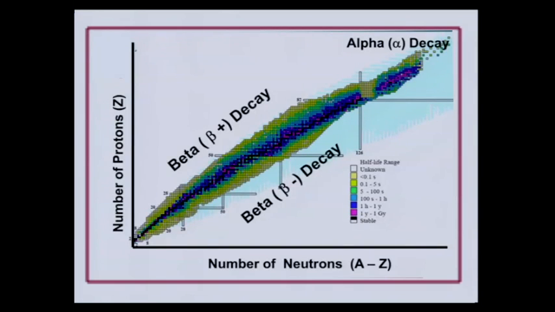Now, as far as the chart of the nuclides, we'll go back to this. We want to talk about how to use the chart a little bit. I'll click through the slides, but I also want to show you in the handbook, or in the chart of the nuclides, some of the decay that occurs and how to trace it on here.